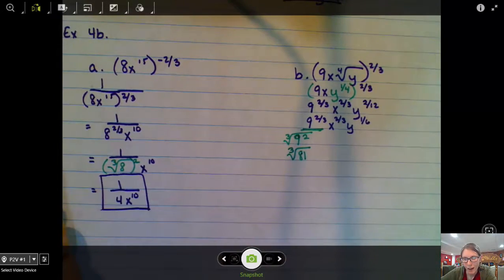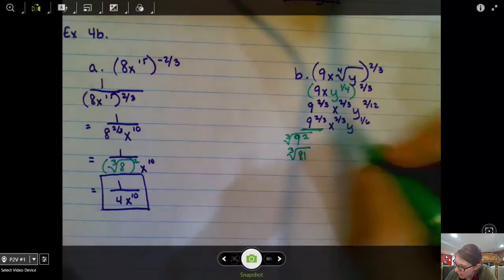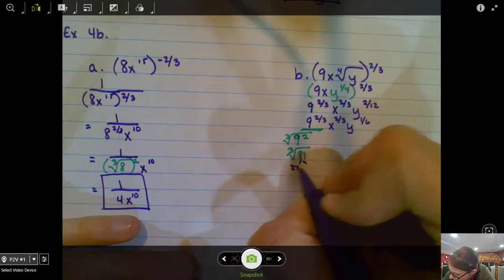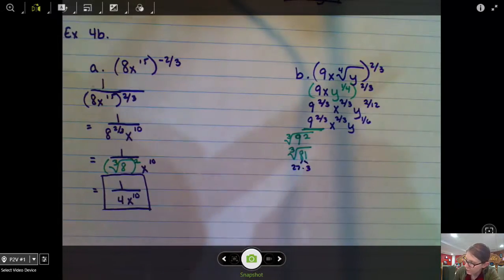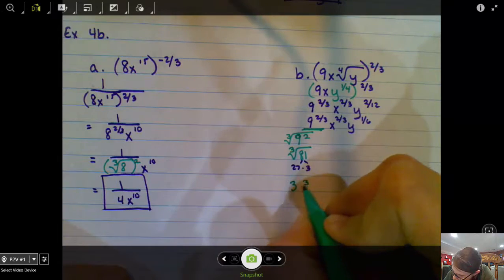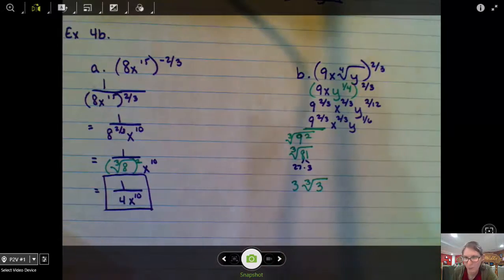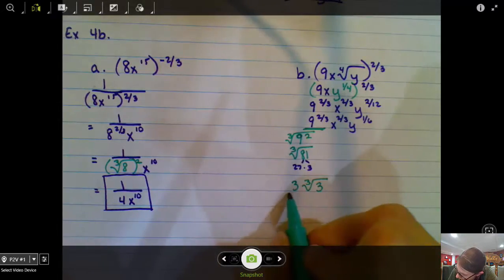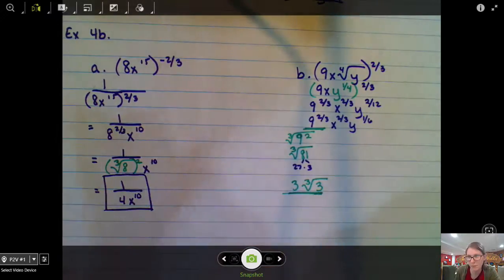Okay. I can simplify that, though. So I guess I might as well go ahead and do that. Because 81 is 27 times 3. And the cube root of 27 is 3. So this all ends up being 3 cube root of 3. Okay. So I'm going to just kind of leave this for now and come back to it in a second.